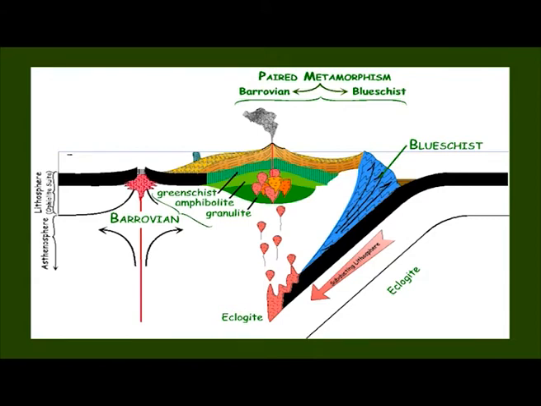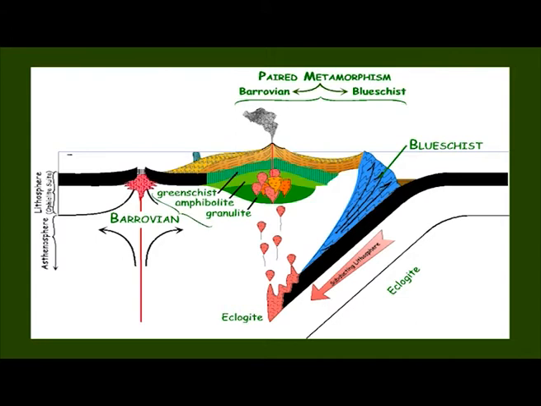Both Barrovian and Buchan facies series developed at such margins in convergent zones. Regional heating is due to the rise of plutons into the overlying plate. The plate above the subduction zone is the general cause of metamorphism.